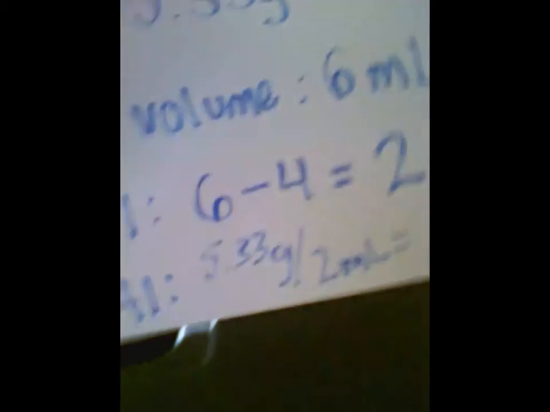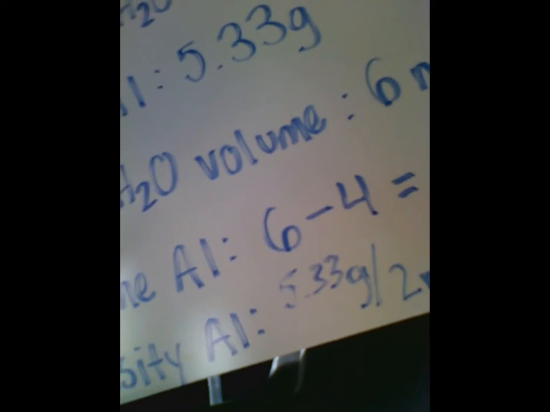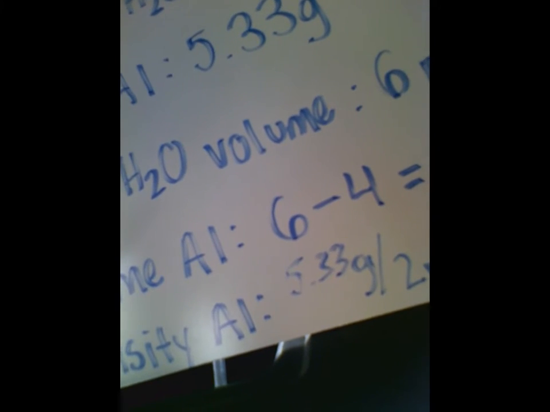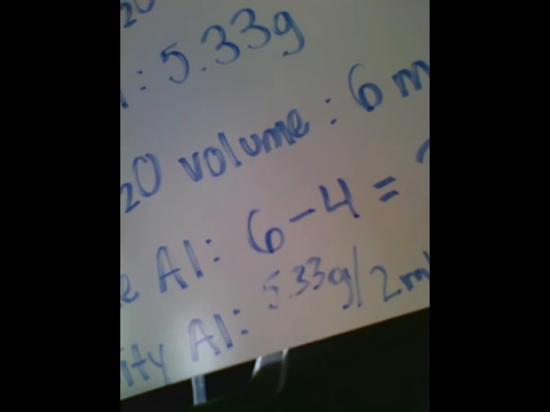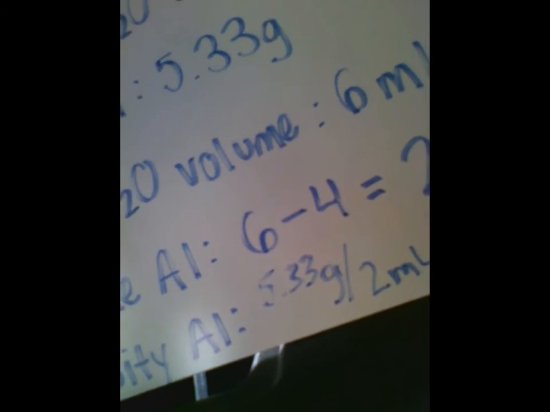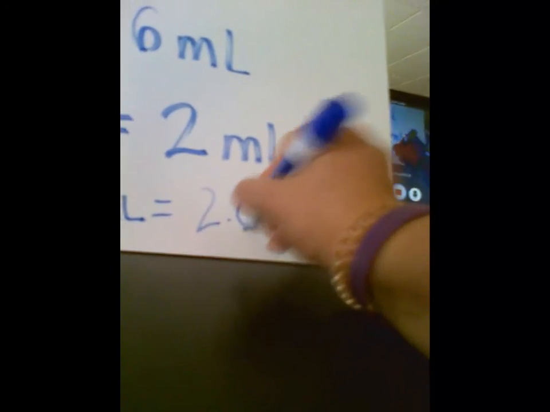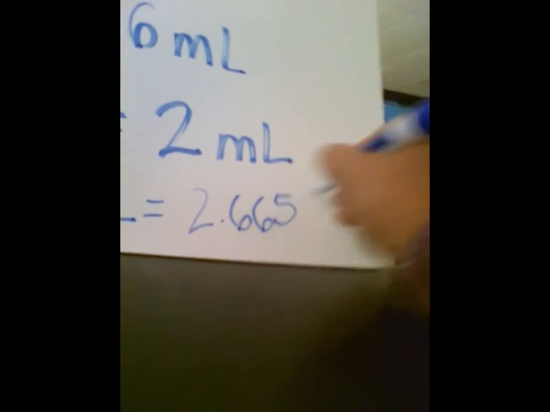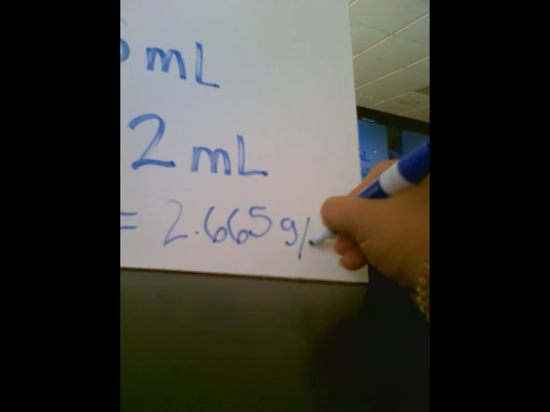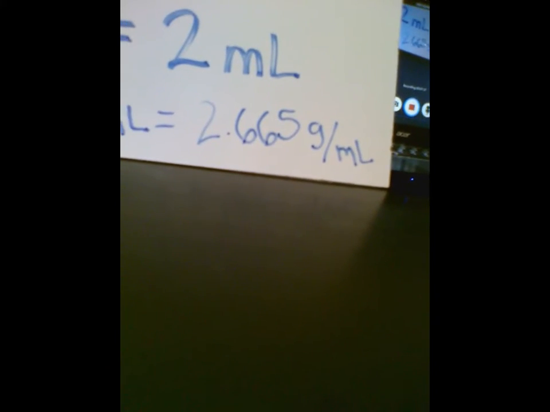Let me get my calculator out. 5.33 divided by 2, I get 2.665 grams per milliliter as the density of aluminum.